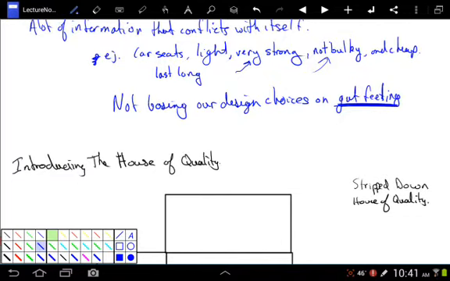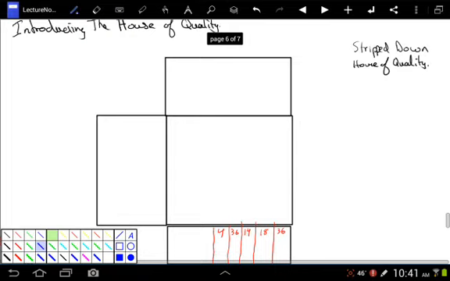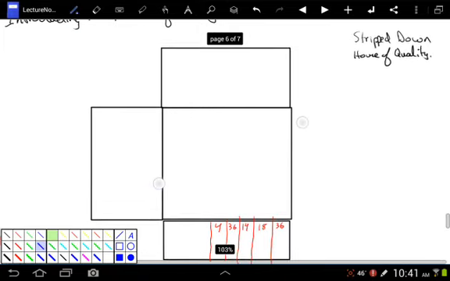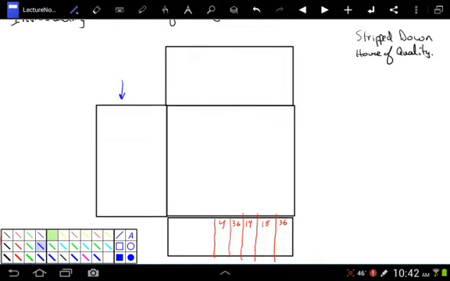The house of quality has several different rooms, is what they call them. So on the left-hand side here, this room right here, we have our customer needs. So we're going to make a whole list of customer needs.